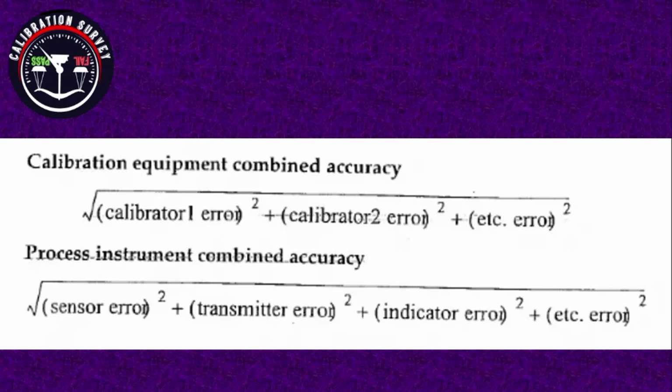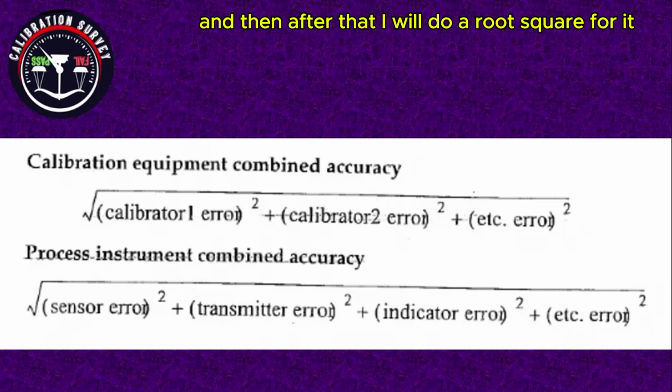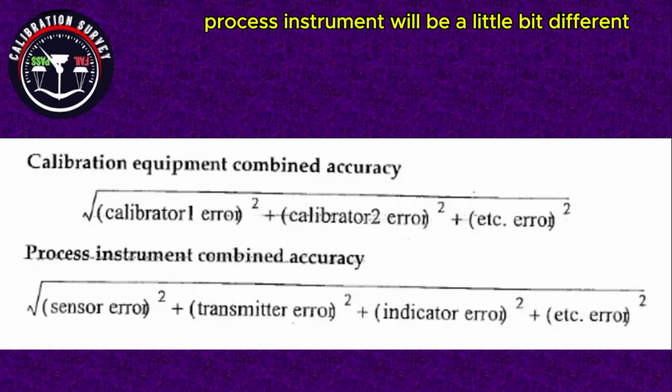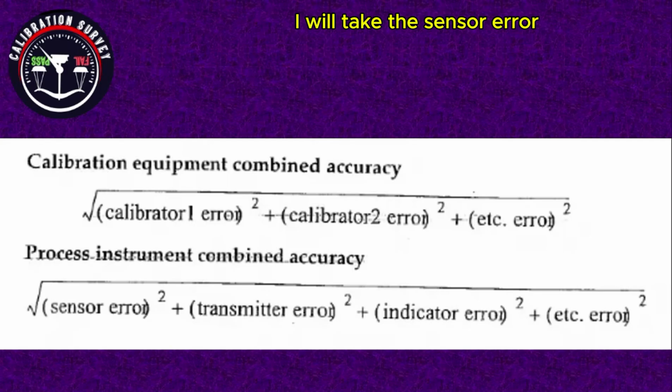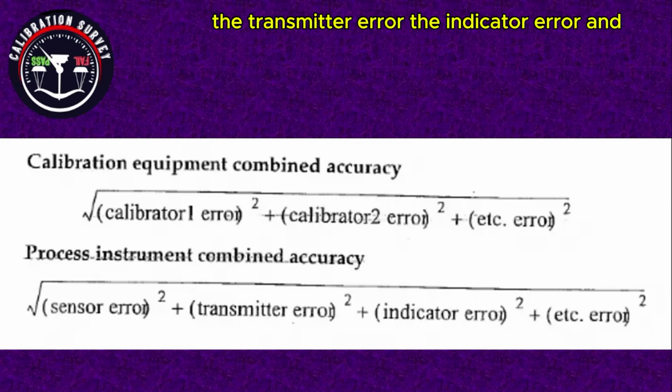I will square each one, sum them, and then take the square root. The process instrument will be a little bit different. I will take the sensor error, the transmitter error, the indicator error, and do the same formula. And why is this different?